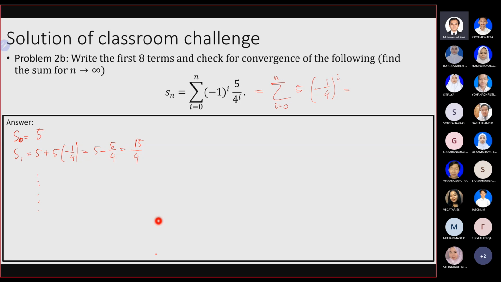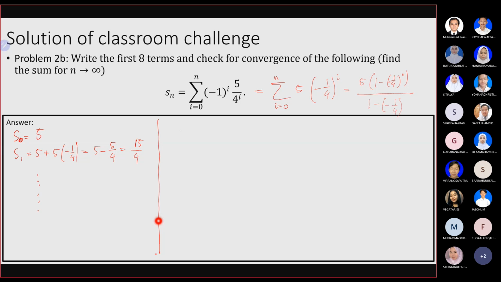And so on. Yeah. For this one, if we want to check the convergence, we have that this guy is a geometric series. So this guy should be equal to 5 times 1 minus minus 1/4 power n divided by 1 minus minus 1/4.